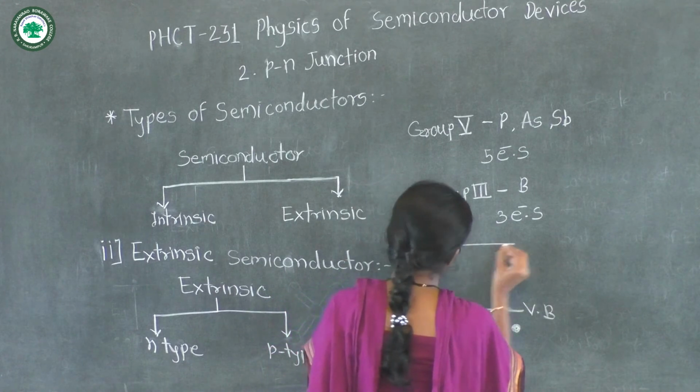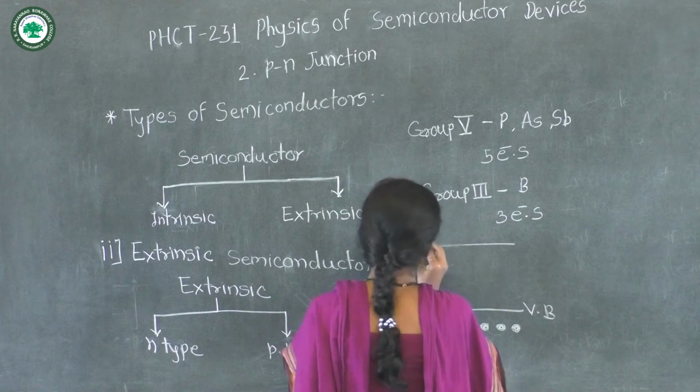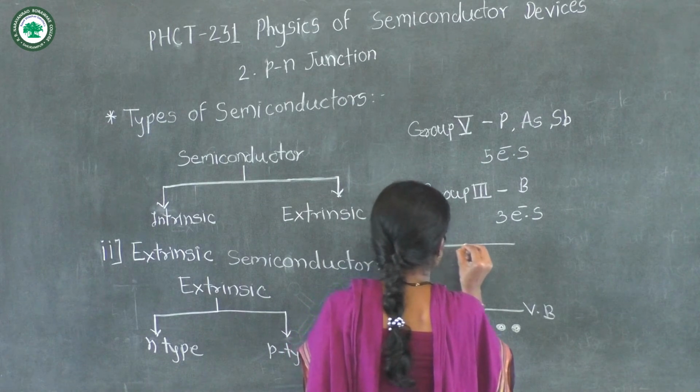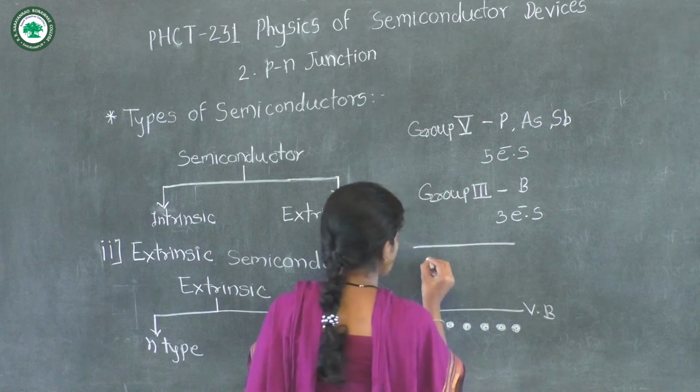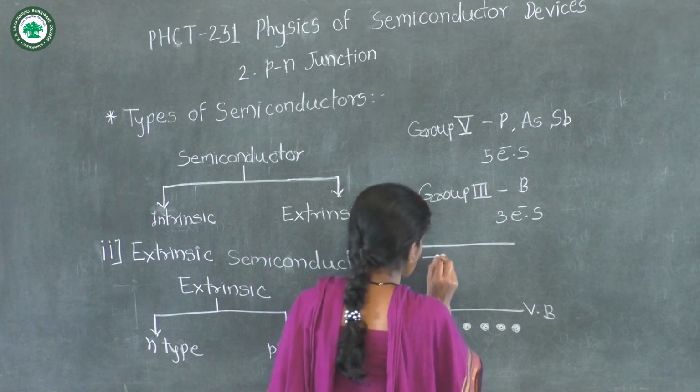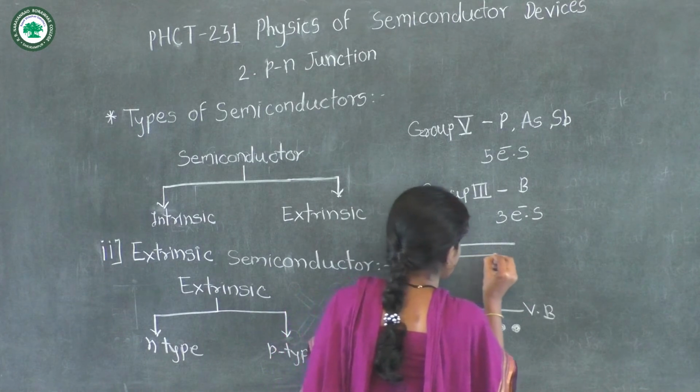So in the forbidden gap, this extra electron creates the donor level, which is denoted by ED.